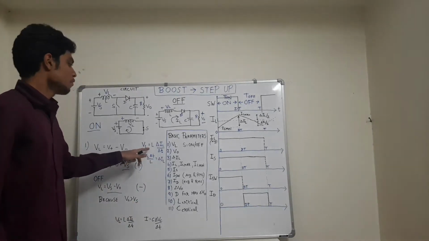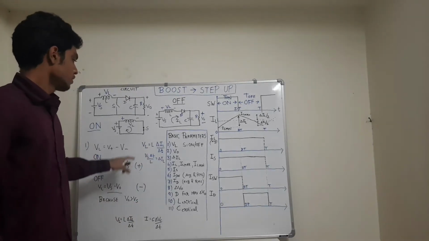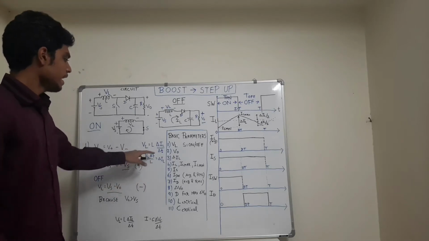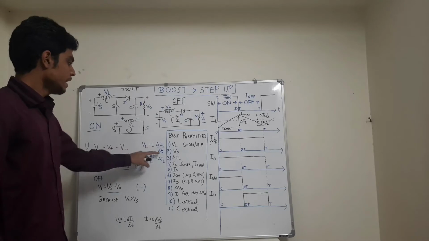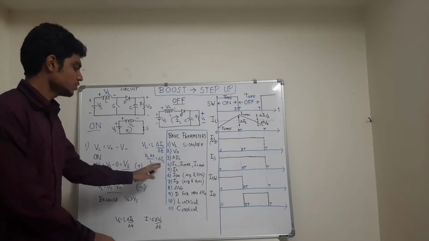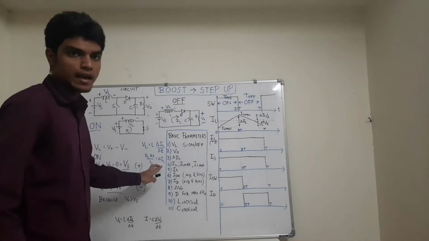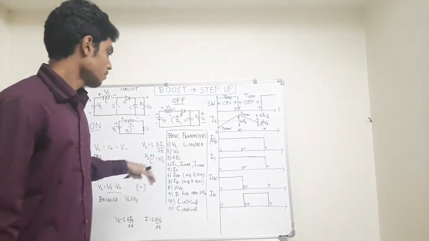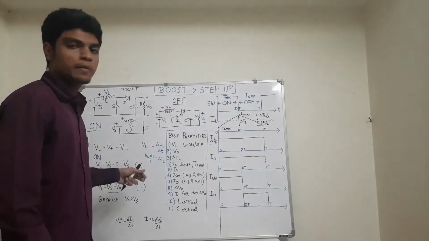So as VL is positive, we can see that del IL equals VL into del T upon L. As VL is positive, the change in inductor current, this del IL, will be positive. Hence the inductor current will rise from its previous value.